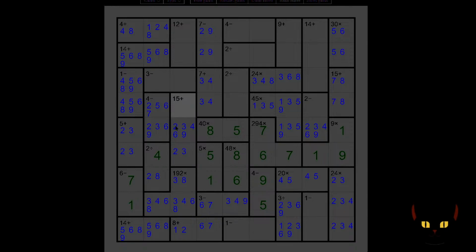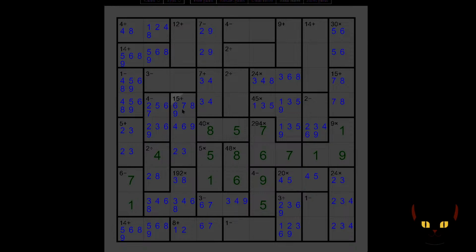Let's see. There's the 2 and the 3 that would require. 2 would require a difference of 3. 4 and 2 is 6, which would give us 4 and 3 is 7, which gives us 8. 6 and 2 is 8, which gives us 7. 6 and 3 is 9, which gives us 6.